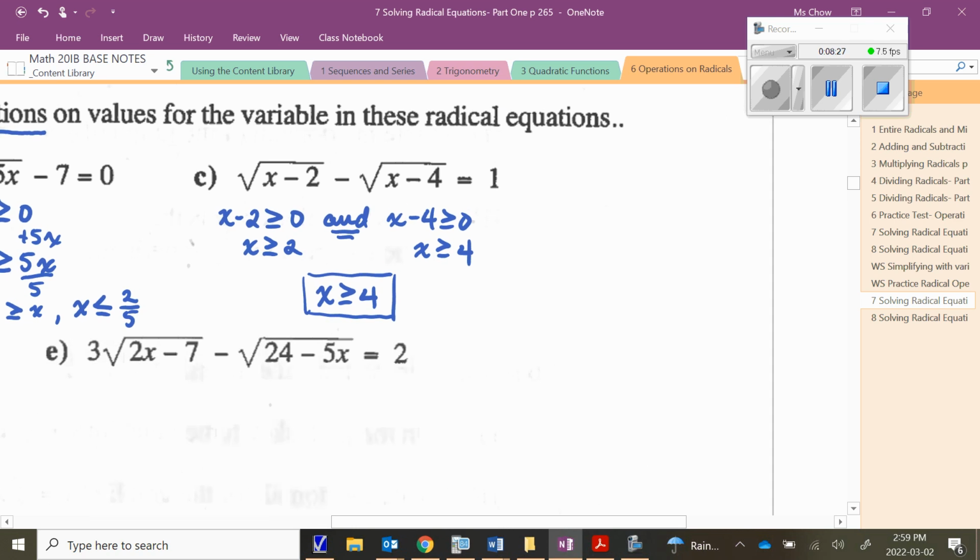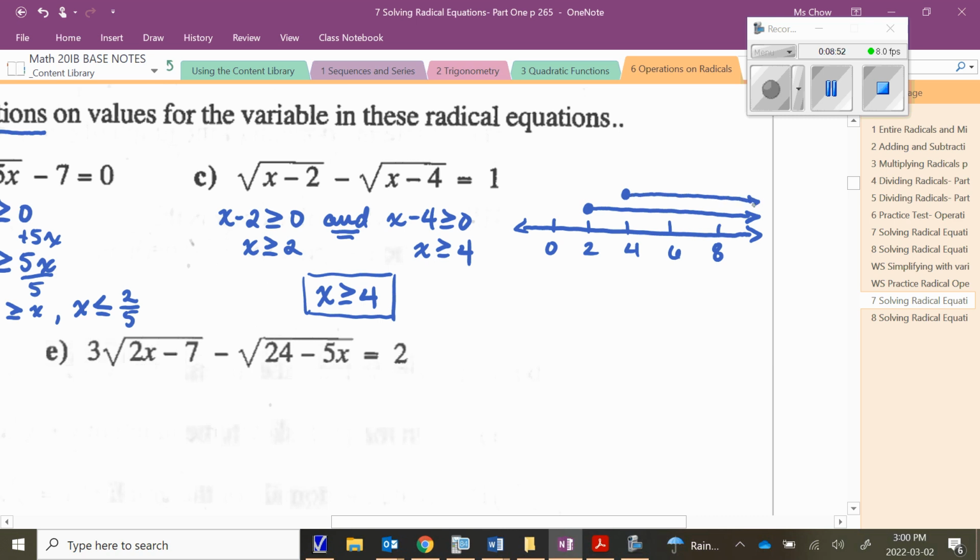Another thing that you could do, if it helps you to visualize it, is to think about a number line. So if I've got a number line 0, 2, 4, 6, and 8. If I'm graphing x is greater than or equal to 2, it is all of these values. If I'm graphing x is greater than or equal to 4, it is all of these values.